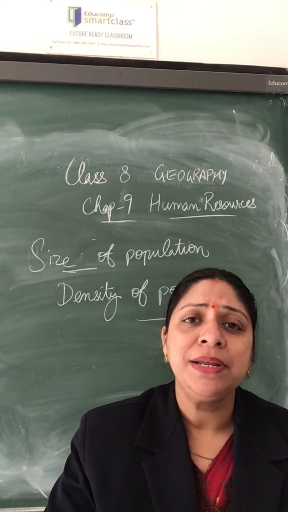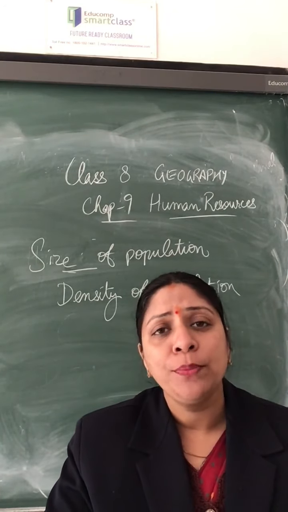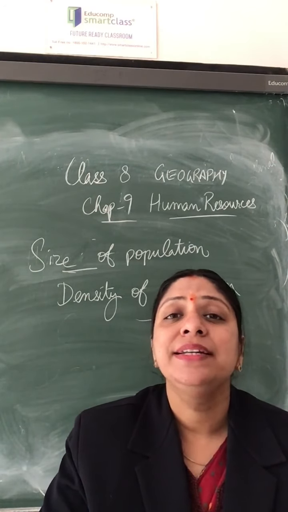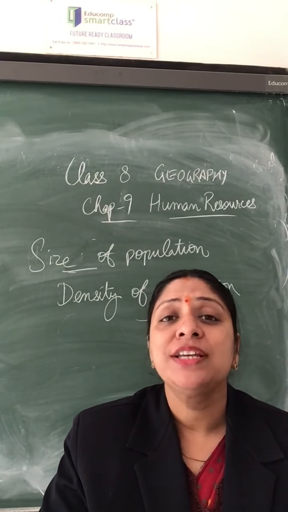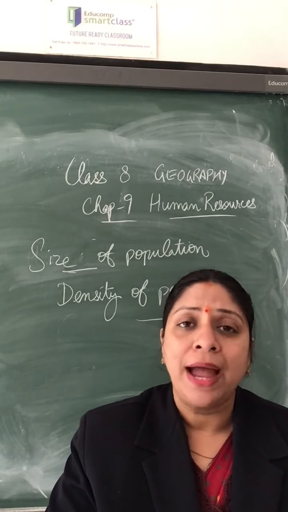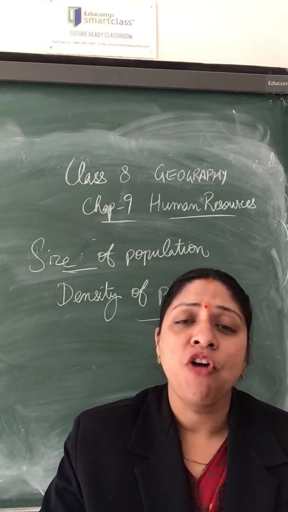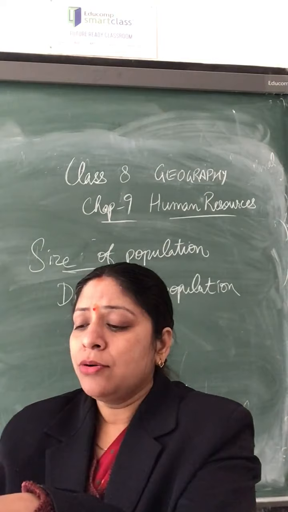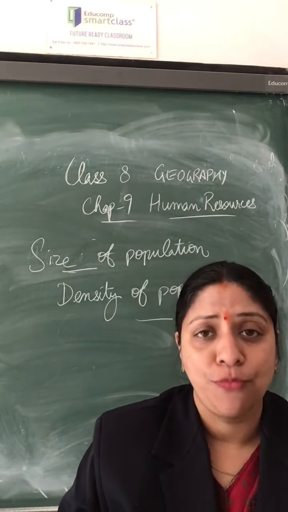If more people live there, the size of population is more, and therefore automatically we can say that that particular area is densely populated, or that the density of population is very high in that region. And if the population size is less, like in deserts, the density of population also will be less. Now we are going to start with the characteristics of population.